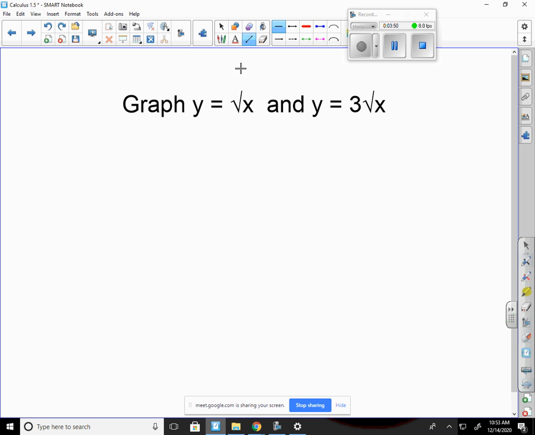So in this case, if I start with y equals the square root of x and 3 square roots of x, and I graph that, then first I'm just going to describe what's going to happen to it.